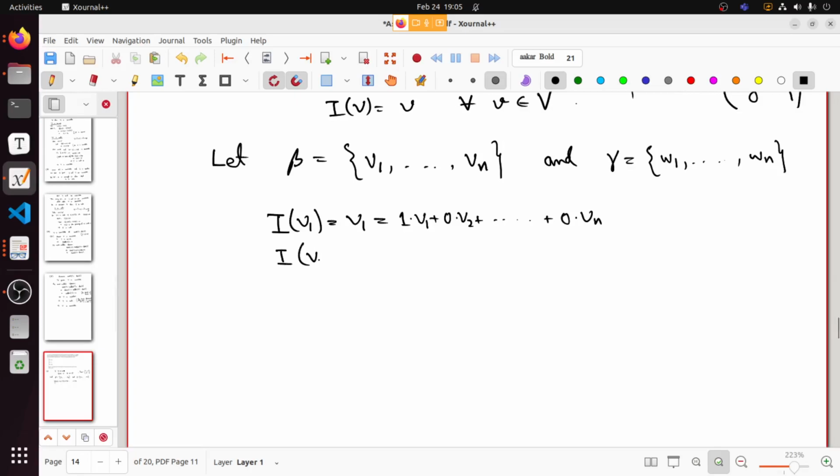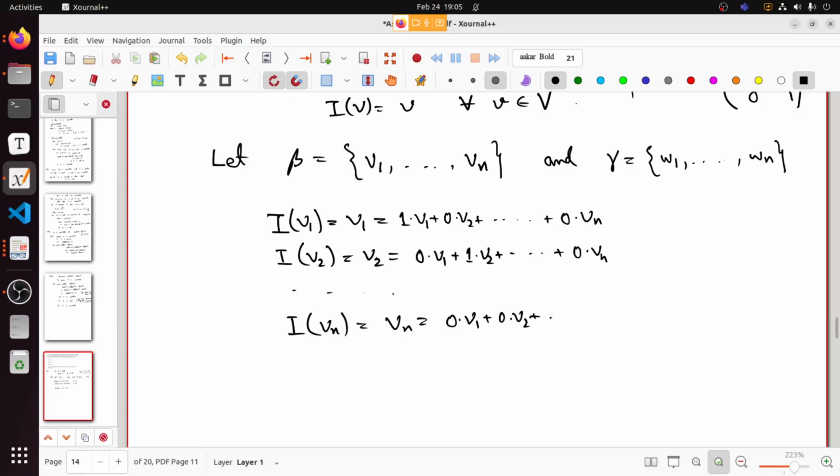I of b2 is b2, so this you can write as 0 dot b1 plus 1 dot b2 plus dot dot dot 0 dot bn. Like this way, I of bn will be bn, so you can write 0 dot b1 plus 0 dot b2 plus dot dot dot plus 1 dot bn.